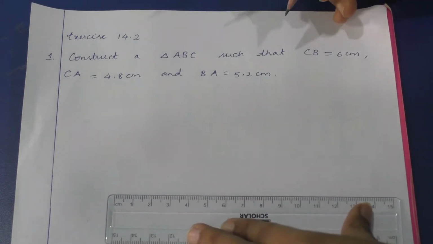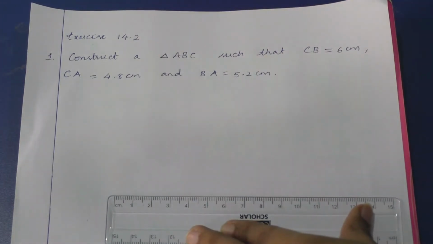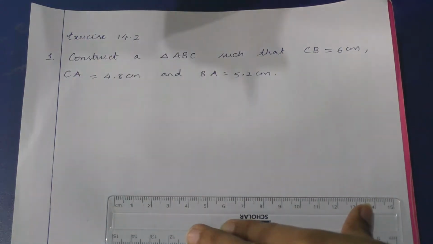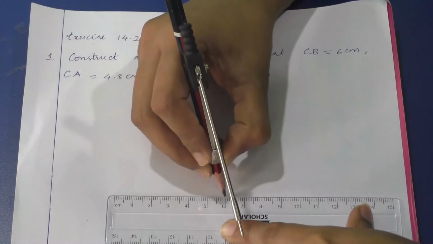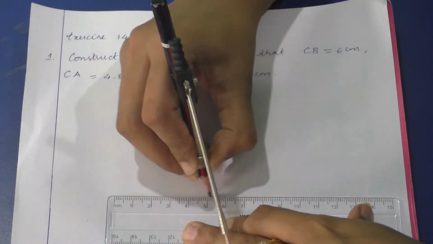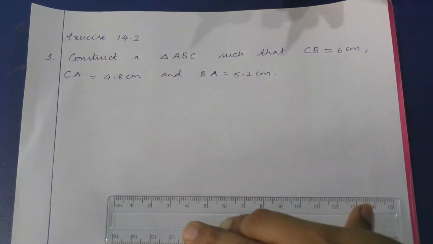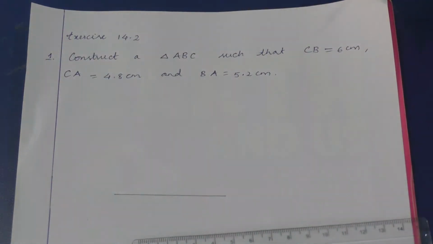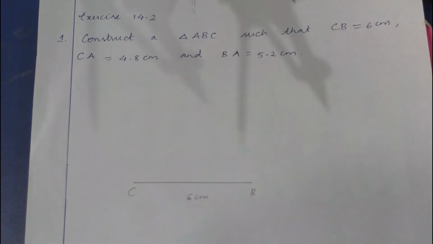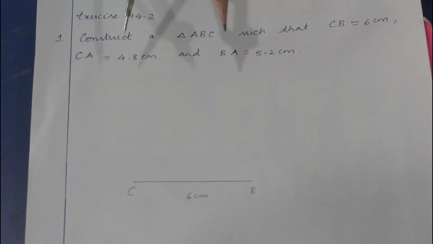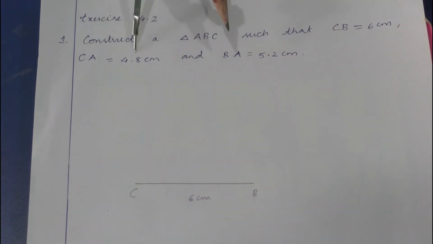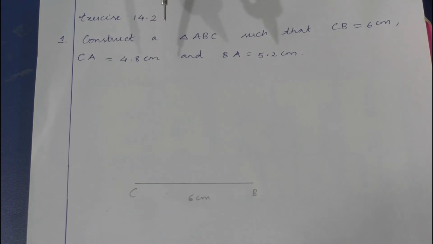CB is 6 cm. So using the scale and pencil, let's draw 6 cm and mark CB equal to 6 cm. So we have drawn CB equal to 6 cm. Next we have CA equal to 4.8 cm.